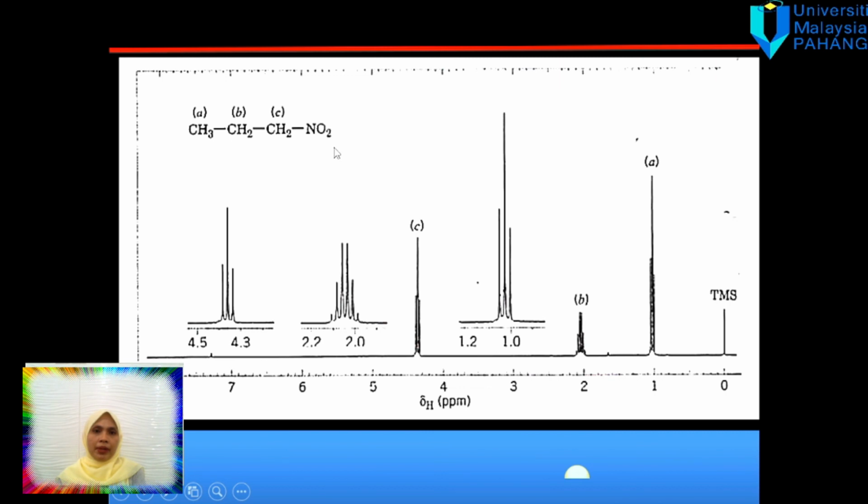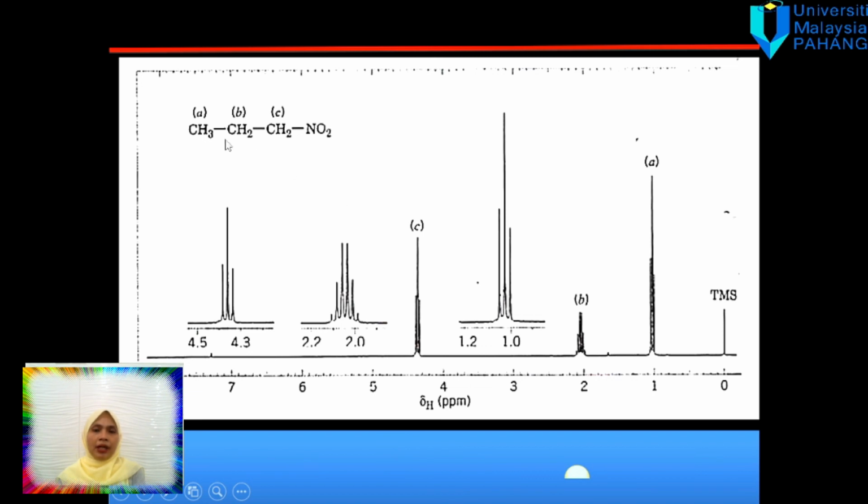See this example, how many signals? 1, 2, 3. The CH2 near the nitrogen dioxide group will be more downfield. The signal is more downfield, followed by this signal B and A in position. Now, determine the splitting pattern. For the CH2 signal, the neighboring protons are 2, 2 plus 1 becomes a triplet for C. You can see.